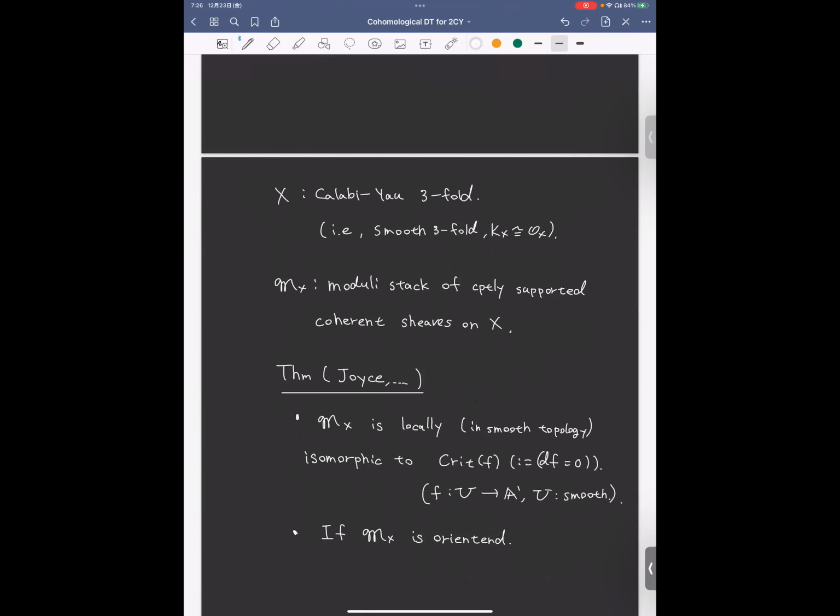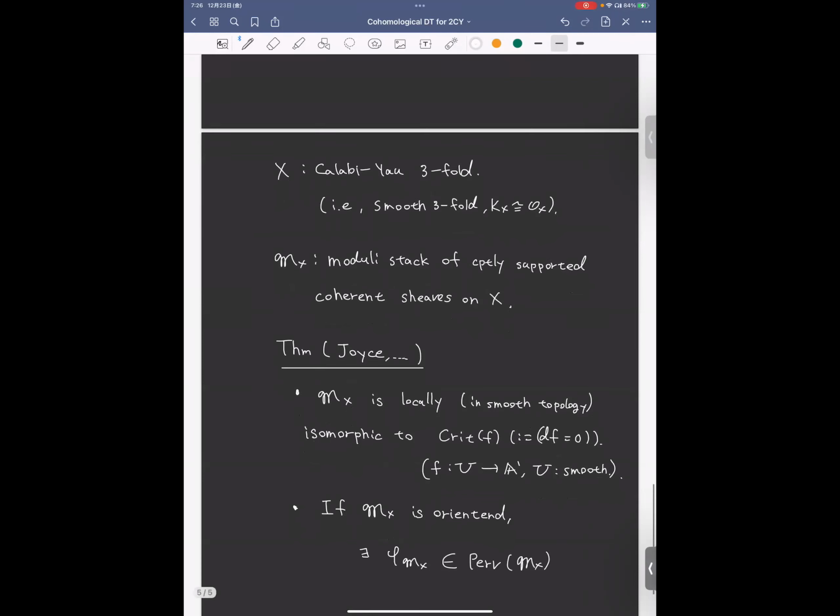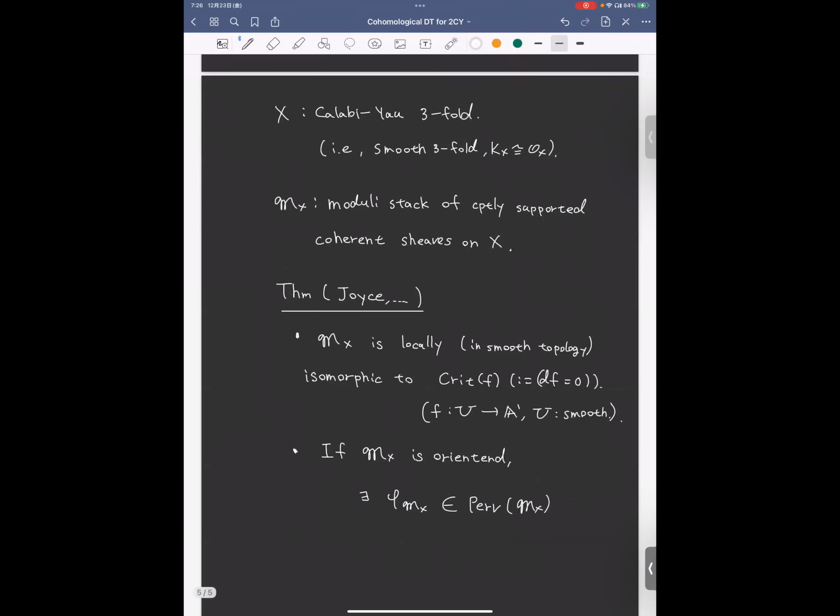But if we have an orientation, then we can define a perverse sheaf which is locally isomorphic to the vanishing cycle complex.